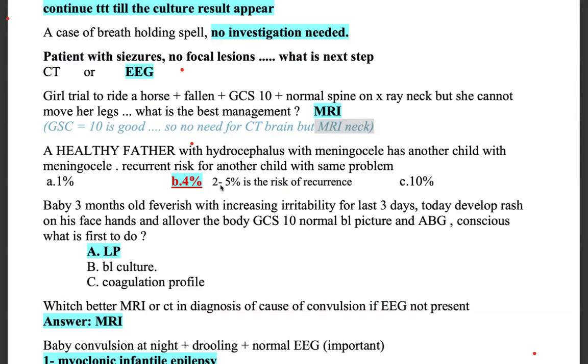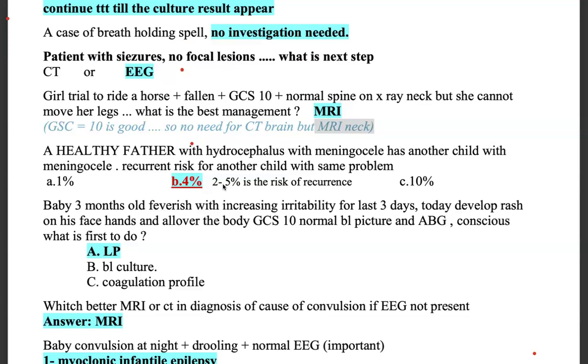So what type of inheritance is this? Hydrocephalus with meningocele. I think there is nothing to do with the inheritance, but the chances are increased if one of the parents or one of the children already has the same condition, then the chances increase in the next pregnancy.